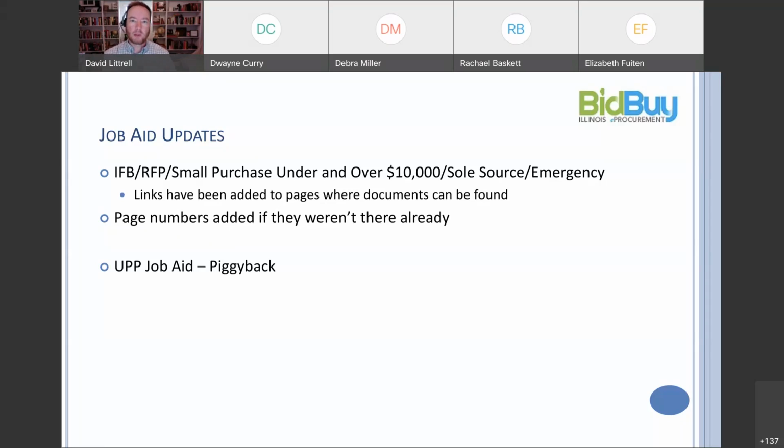The documents that were attached at the bid tab were moved up to be a part of the bid, because we're not going to even publish a piggyback if we didn't have some of those documents, such as the disclosures and some additional documentation. So if you're not doing a piggyback, it's not really appropriate for you. But if you're in the middle of doing one, make sure to go back and take a look at that job aid, which is new.